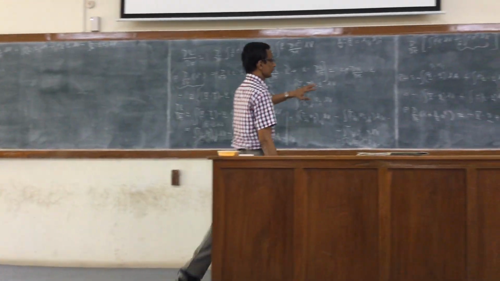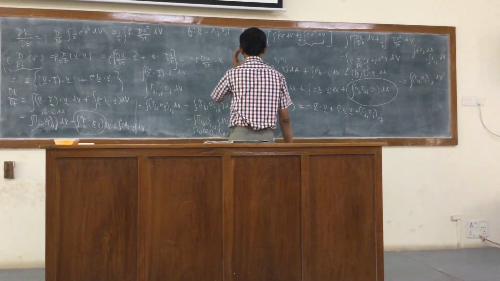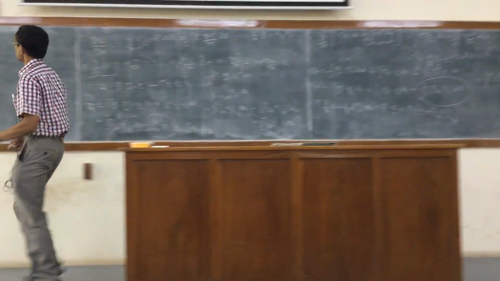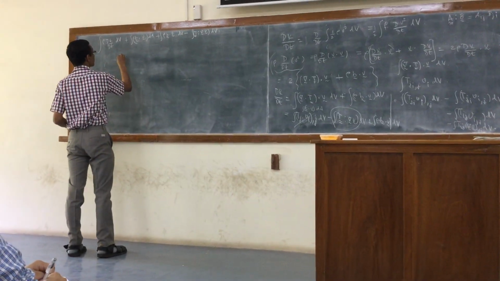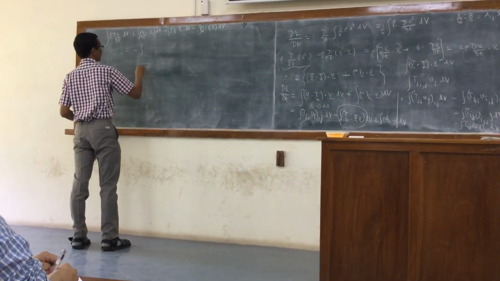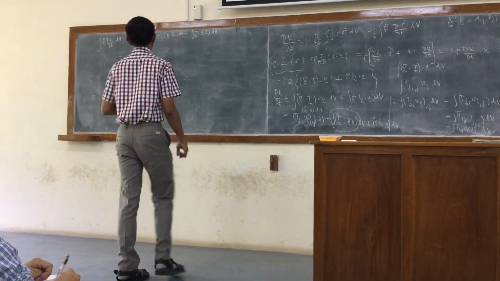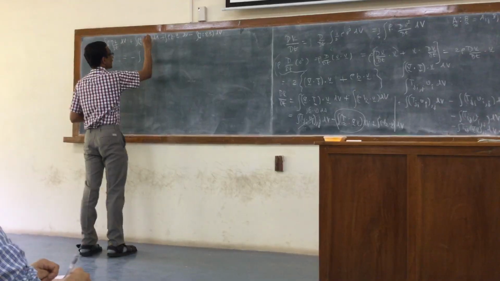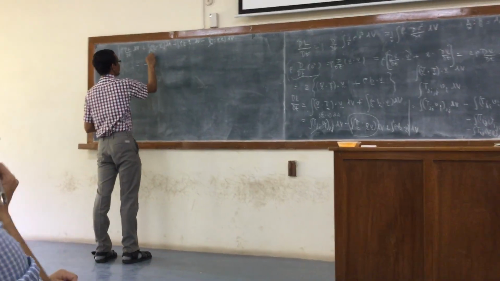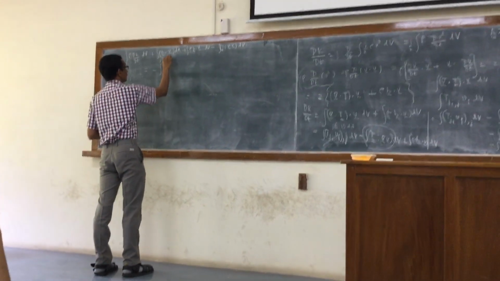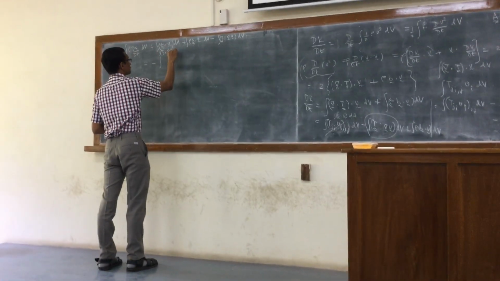Then I have this right hand side, which may be written as minus integral. Well, I can also leave it as it is here, but I can also write it as integral d_ji B_i comma j dV.